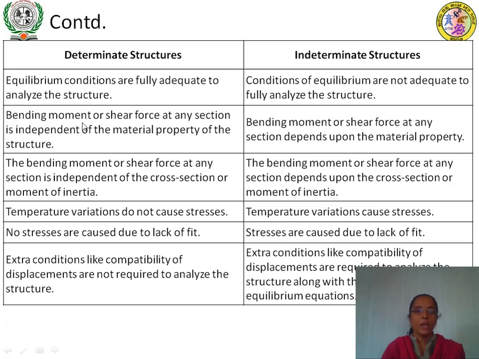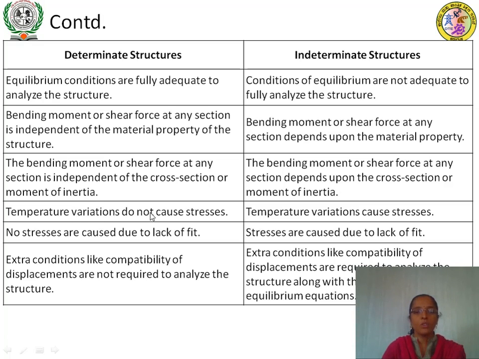Bending moment or shear force at any section is independent of the material property of the structure, whereas in an indeterminate structure, bending moment and shear force at any section depend upon the material property. And the bending moment and shear force at any section are independent of the cross section or moment of inertia, whereas in an indeterminate structure, they depend upon the cross section or moment of inertia of the member.